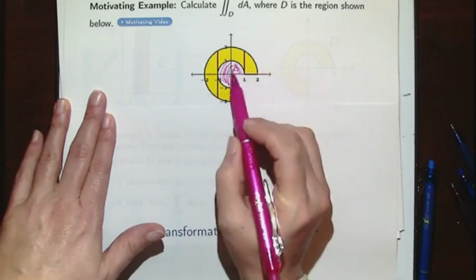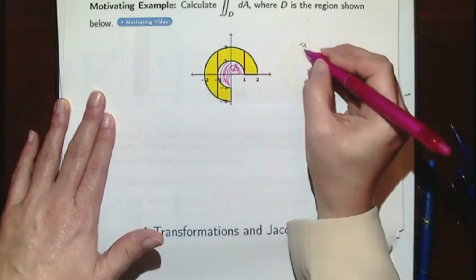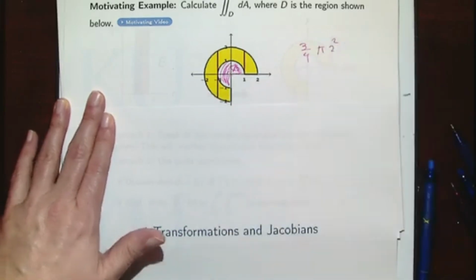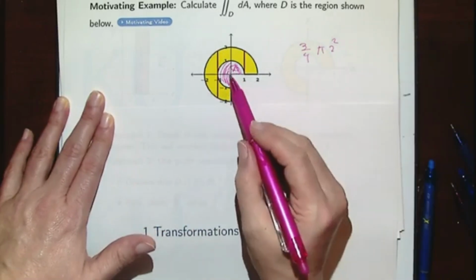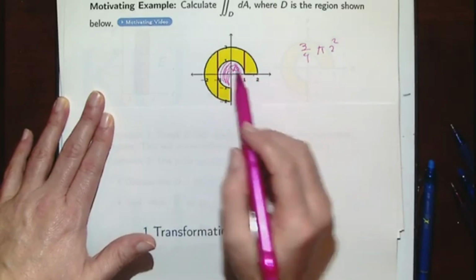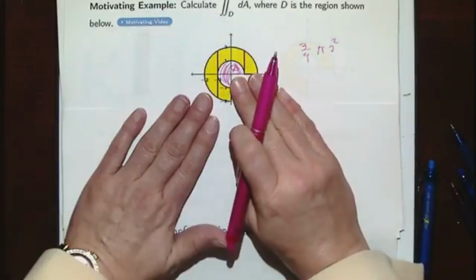Exactly. Did you see that I shaded this? That's 3/4 of the area, pi times 2 to the power 2. Agreed? Well, the radius is 2. No, the big one, the whole thing.